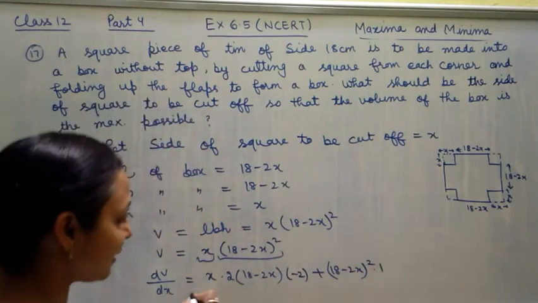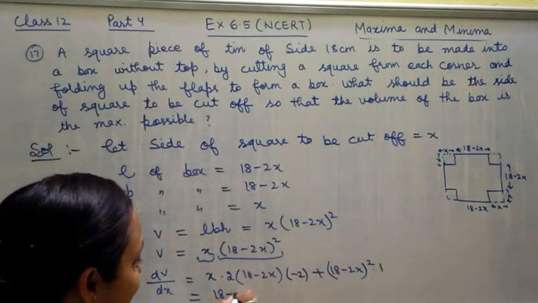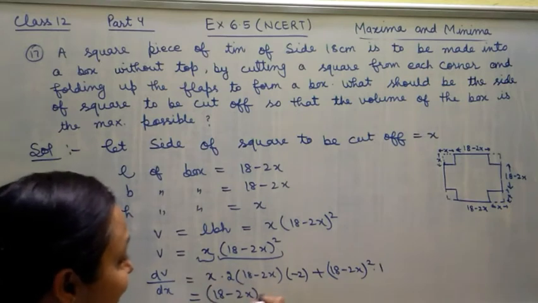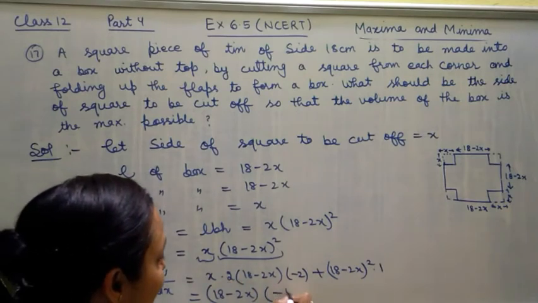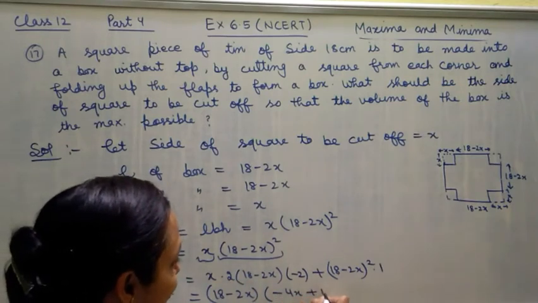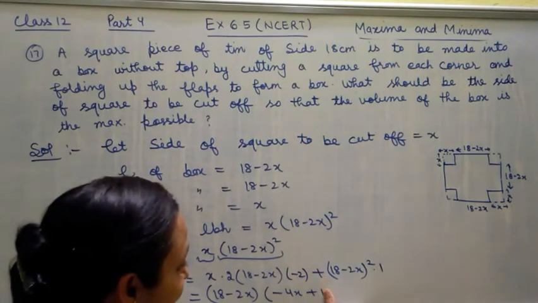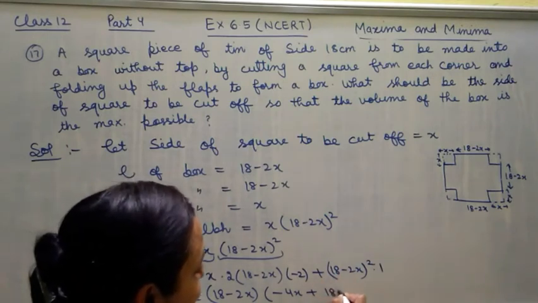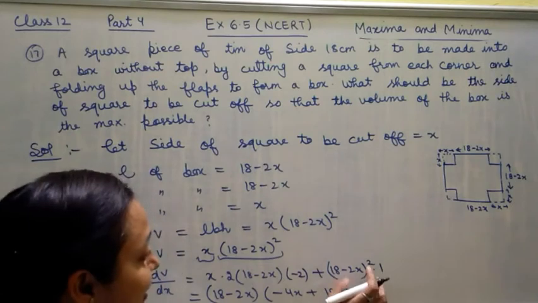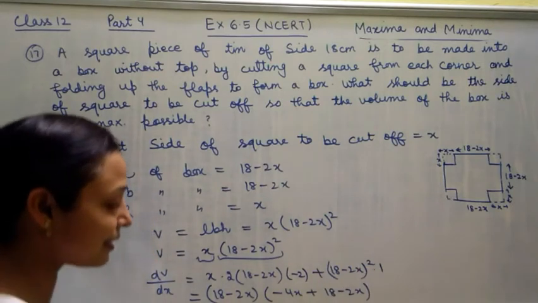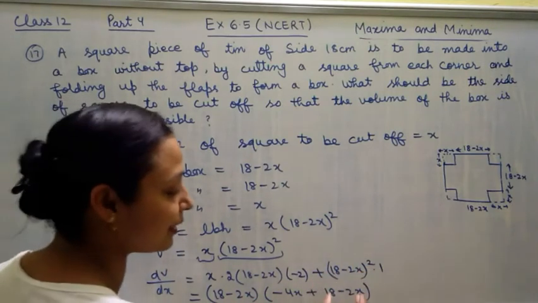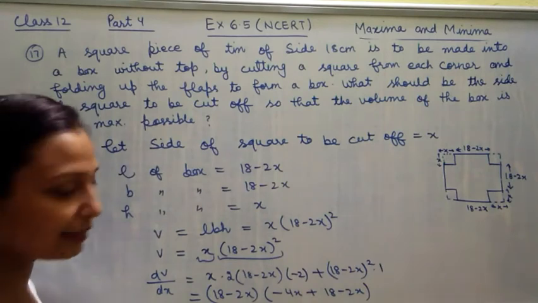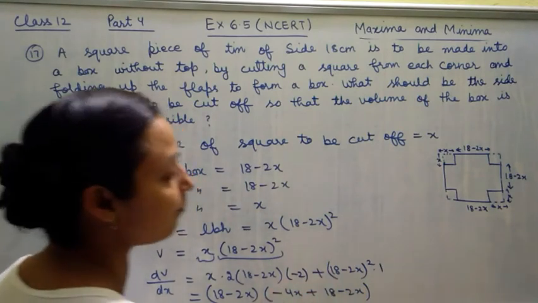So you will take 18 minus 2x as a common factor, and inside the bracket negative 4x plus 18 minus 2x, because this is a square, one factor is out of this bracket and only one factor remains in the brackets.